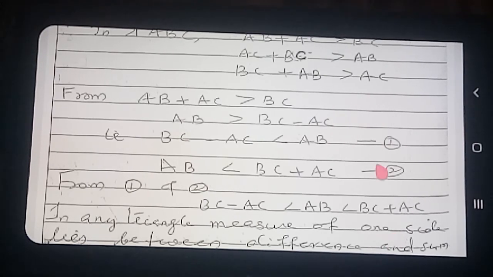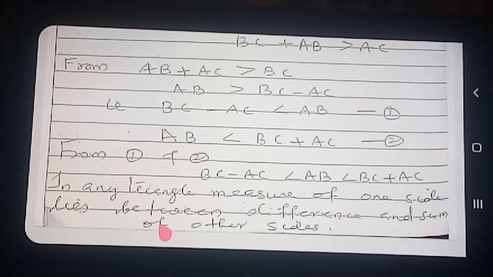I combined the first and second equations: BC minus AC is less than AB, which is less than BC plus AC. In short, in any triangle, the measure of one side always lies between the difference and sum of the remaining two sides. Okay, clear students?